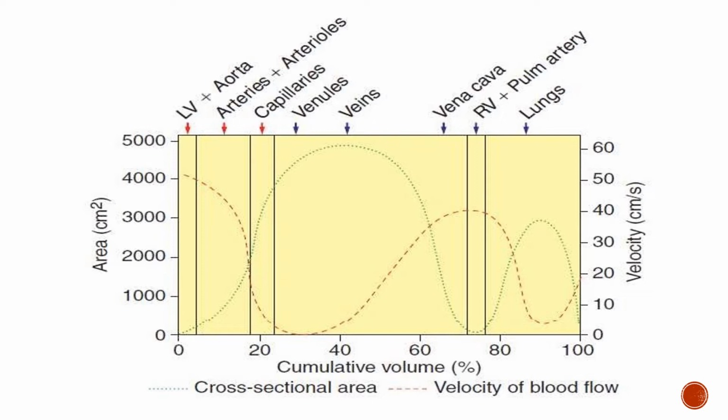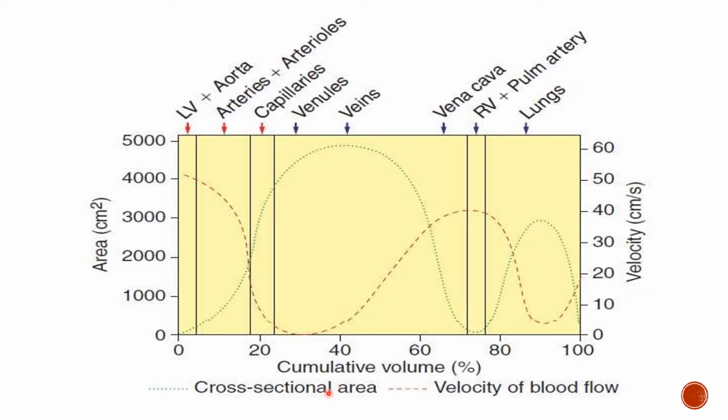So this is the picture showing the relationship between the cross-sectional area, velocity of blood flow and the pressure in the various segments of the cardiovascular system. It depicts that to keep the flow rate constant or equal, the velocity of flow must vary inversely with the cross-sectional area of each vascular segment.